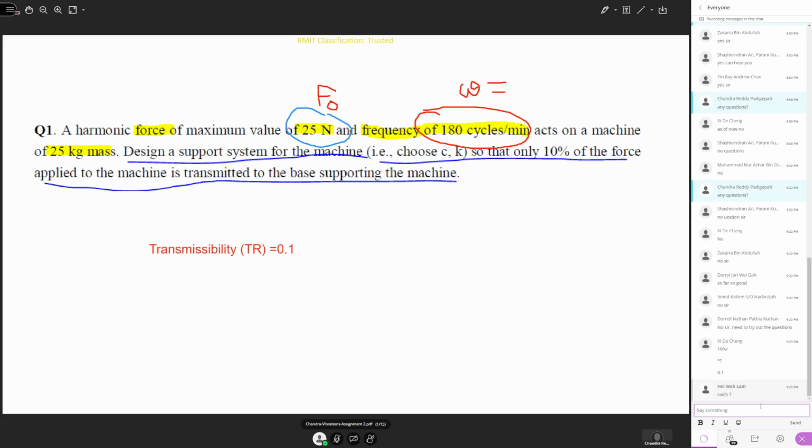So omega will be 2 pi f. So what is the frequency? 180 cycles per minute. So how many cycles per second? Any answer? How many cycles per second?